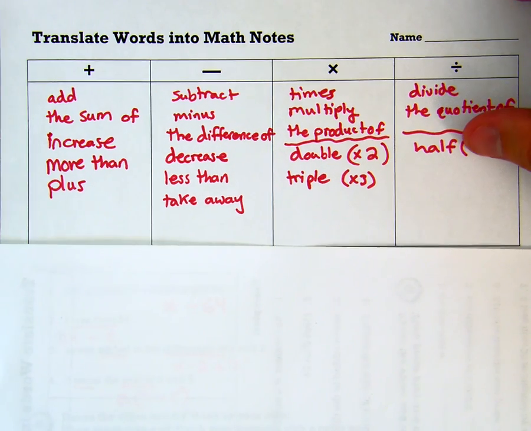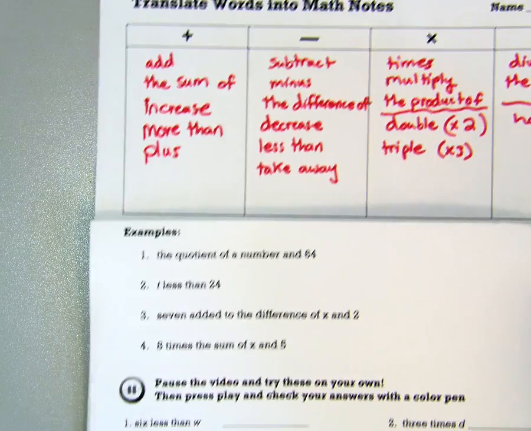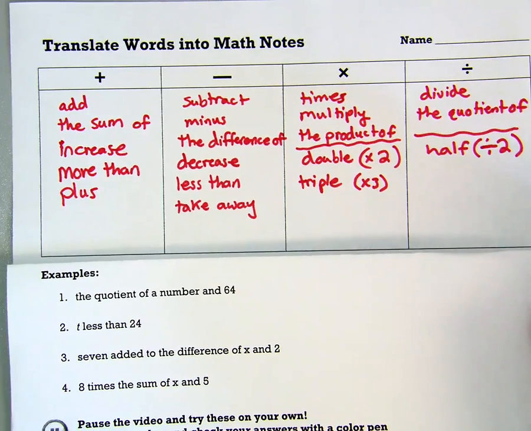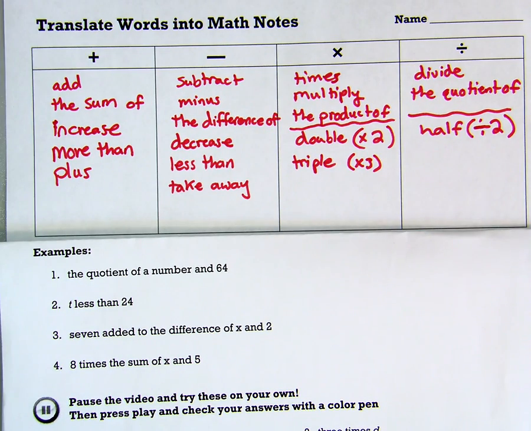Okay. All right, and then this next part here. All right, so we have all of our words there. And we're going to use those to go ahead and write some expressions here. So my first one is the quotient of a number and 64.